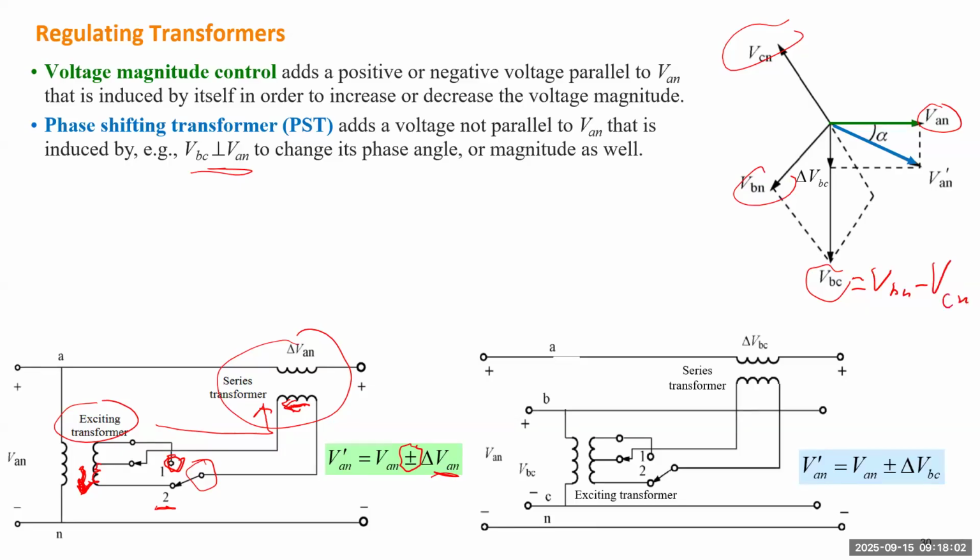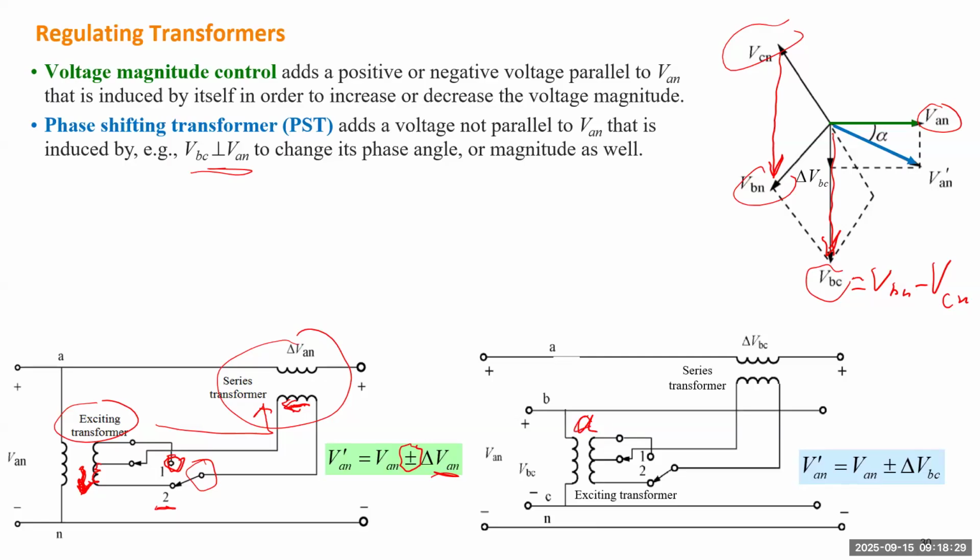Which is equal to drawing a phasor starting from the head of C down to the head of B. Basically, that is exactly this one. That one is orthogonal to VAN. If you want to change the phase, not the magnitude, using an orthogonal voltage will be very effective. Depending on the ratio here, you can decide the ratio.